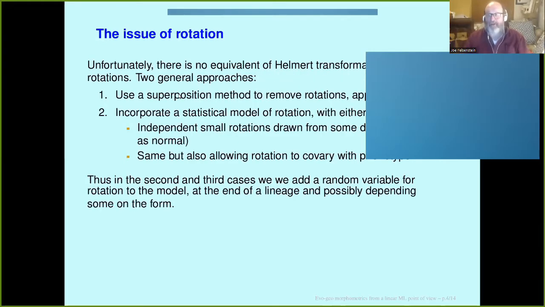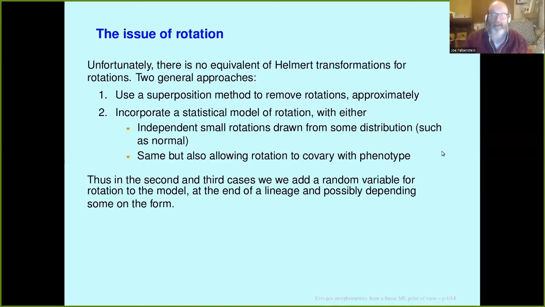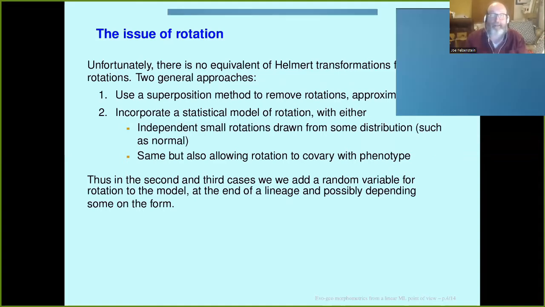But then there's the issue of rotation, because the person may have put the specimen down on the digitizing surface at some angle, which is mostly a matter of them and not of the specimen. And it would be nice to have a transformation of some sort, a standardization of some sort, that would take care of that automatically.